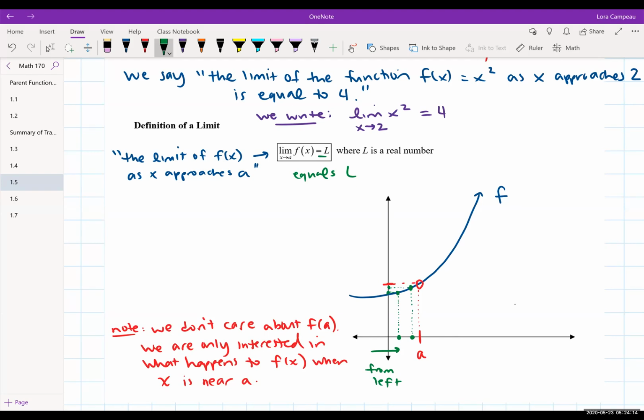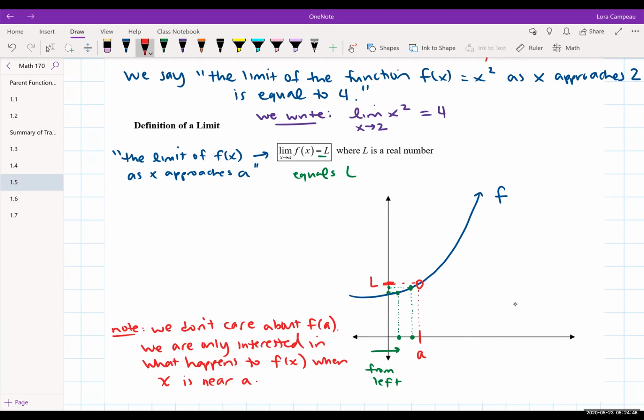And if we are looking at what's actually happening, as I pick values of x and I'm getting closer and closer to a from the left-hand side, it appears that these y values are rising to hit this function evaluated at a, and I'm going to label that L, our limit.